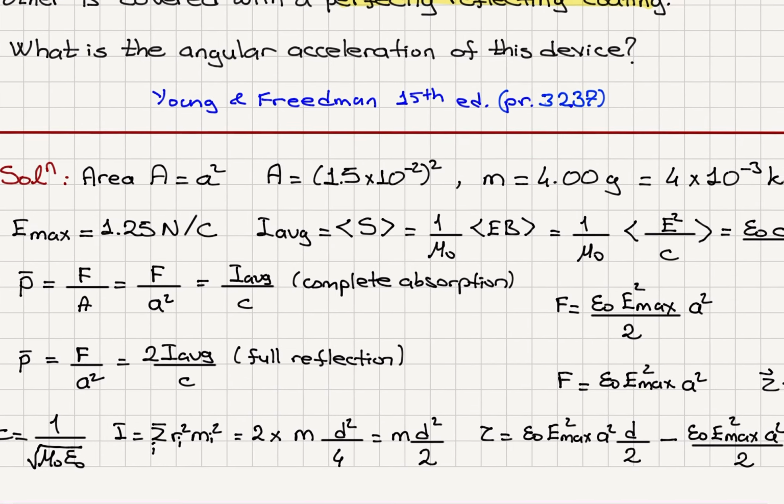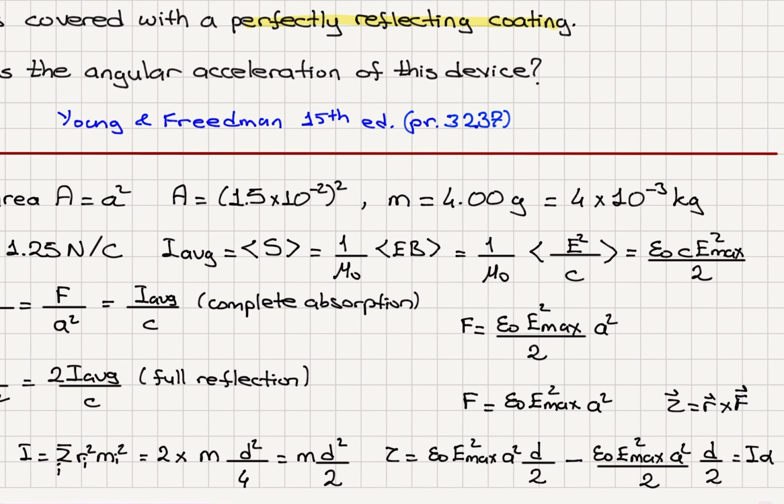And we calculate the average intensity as the average value of the magnitude of the Poynting vector, and E is equal to Bc from Maxwell's equation, so we can use this result. And we can calculate the torque R cross F, d over 2 times one force and minus d over 2 times the other force. One is for complete, this is for full reflection, this is for complete absorption.